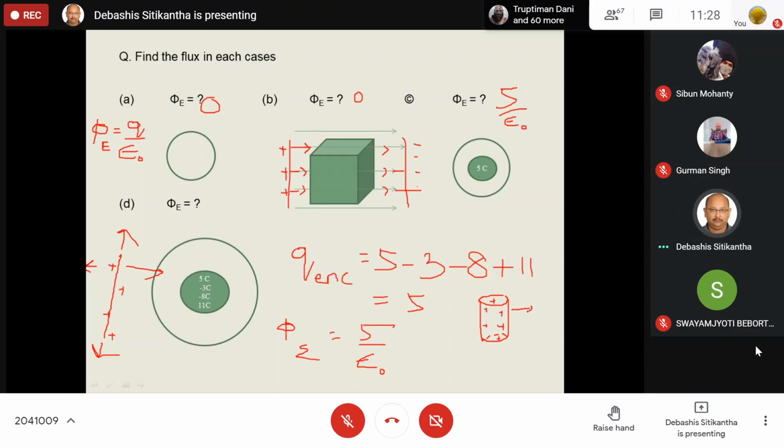So in this case, the electric field lines will come out in all the curved surface as well as from the top and bottom. Okay, got it? But here we are not considering a cylinder, rather we are considering only a straight line. In this case, the top and bottom surface area is considered to be zero. So in that case, we can make a very good assumption. We can say that from the top and the end of the string, no flux is going to come out. Got it?